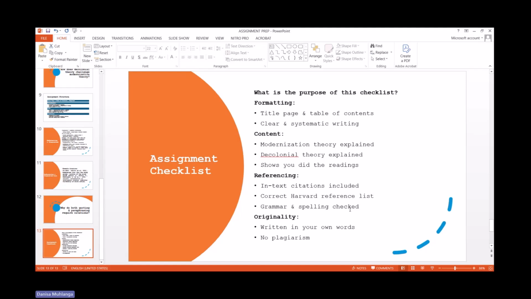Was your work original? Yes, your work was original. So you need to check that your assignment was written in your own words. Remember, for your whole assignment, you can't be using quotations. That's copy and pasting. And that is not allowed. You understand?